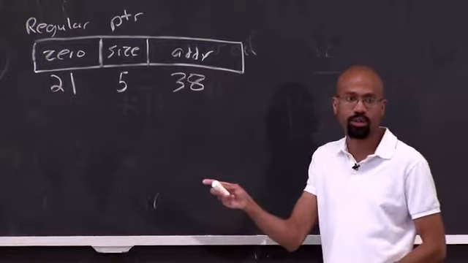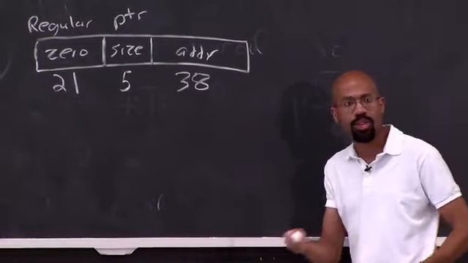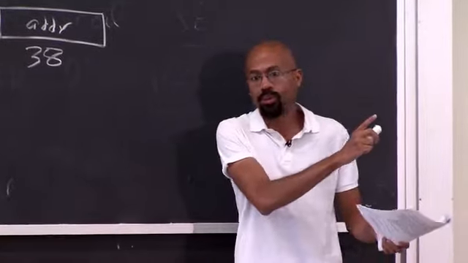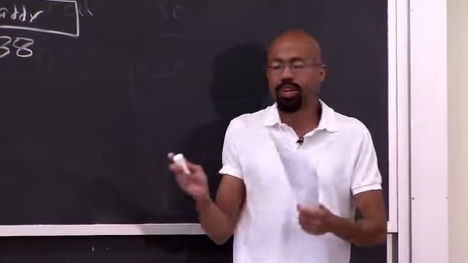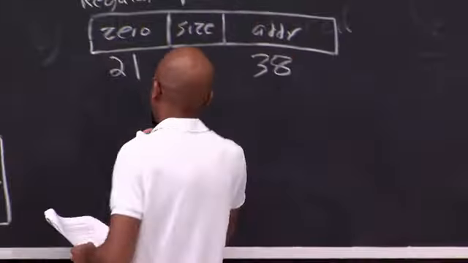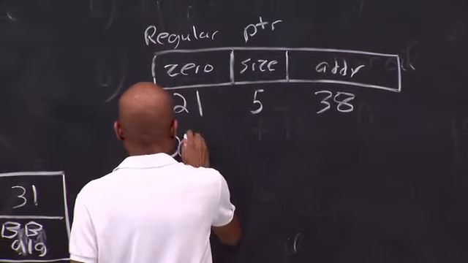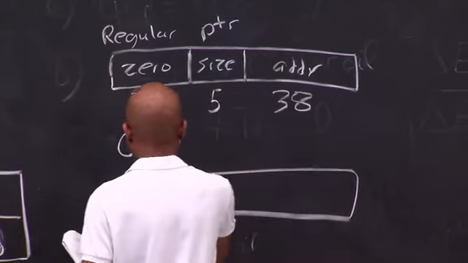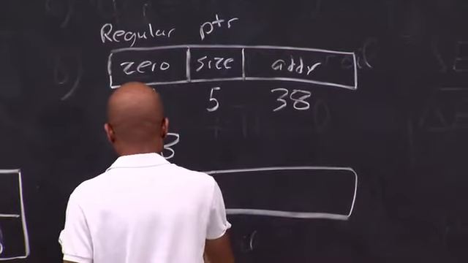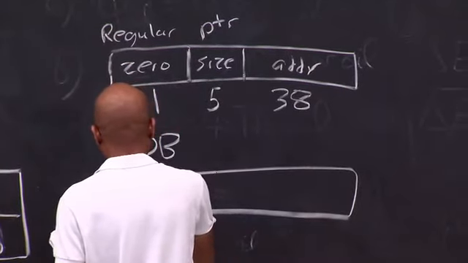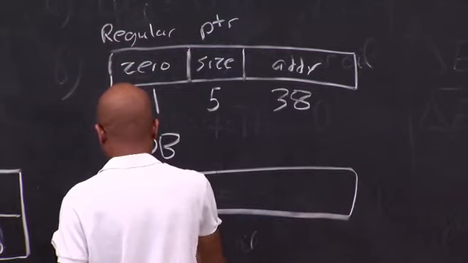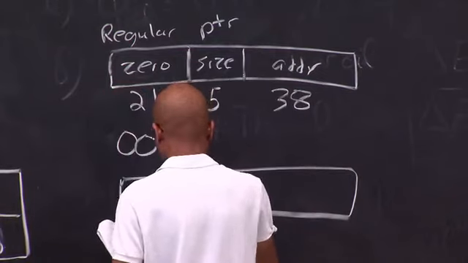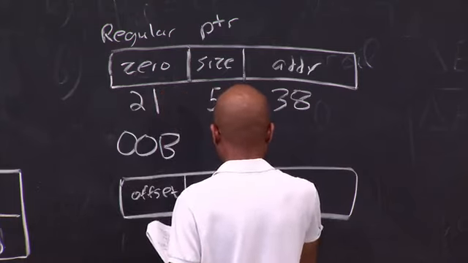So this is what a regular pointer looks like. Now, what happens when we have one of these out-of-bounds pointers? Well, in the 32-bit system, all we could basically do is set that higher order bit and hope that the pointer never got beyond half a slot away from its base. But now that we have all of this extra address space, we can actually put the out-of-bounds offset directly in the pointer.